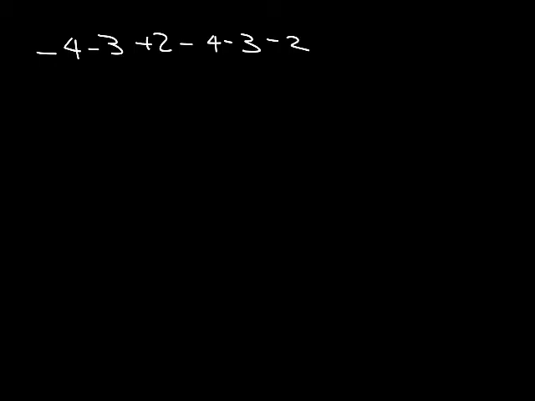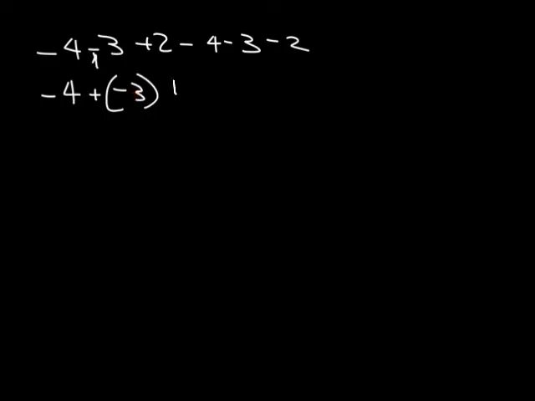That 4 is just a -4. So we're going to leave that alone, but we're going to change the sign here to a plus. We're going to make a parenthesis, and we're going to make the 3 negative. So this means the same thing. 4 minus 3 is the same as 4 plus -3.